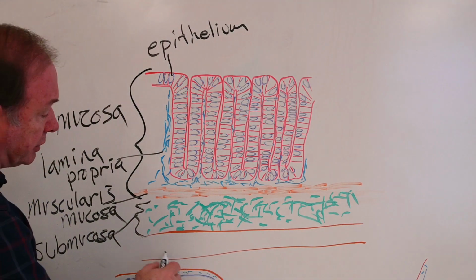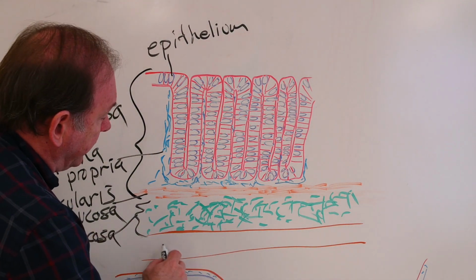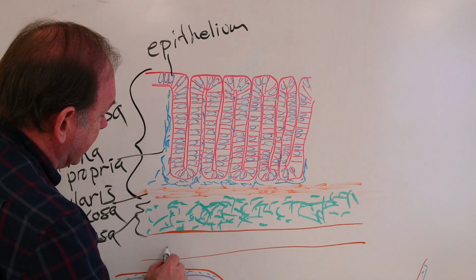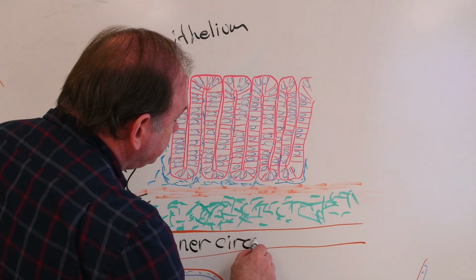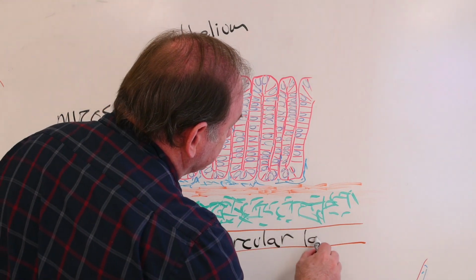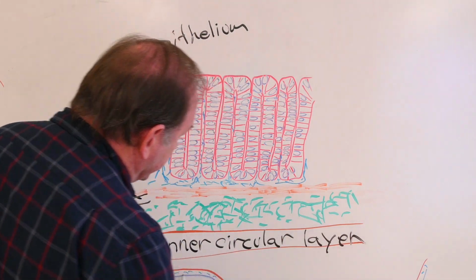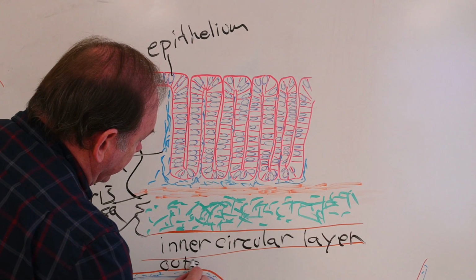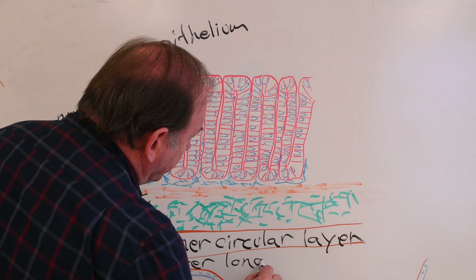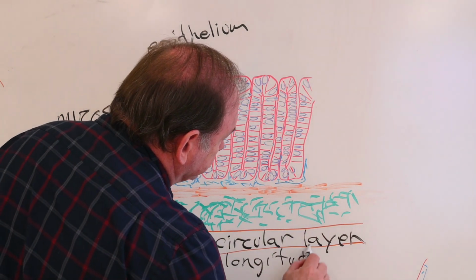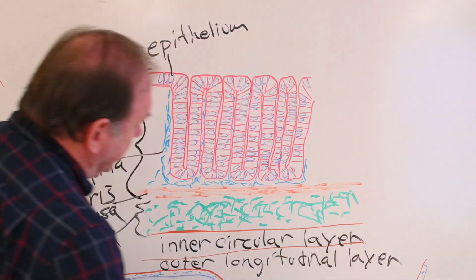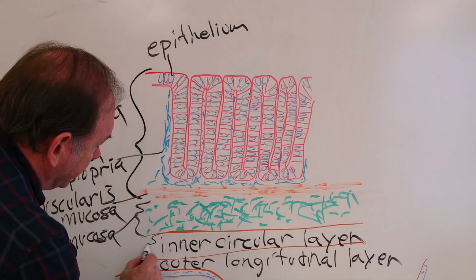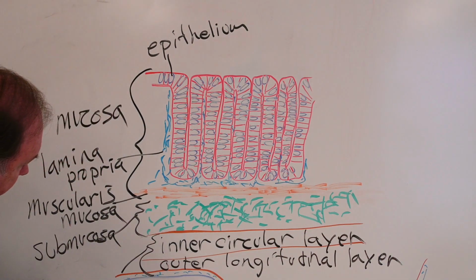Next, I'll just label this right through here, not try to do anything artistic with it. This is the inner circular layer. And this is your outer longitudinal layer. Together, those 2 layers make up your muscularis externa.